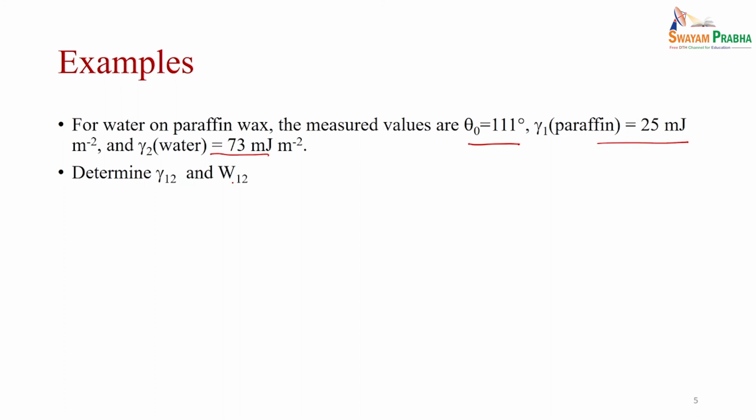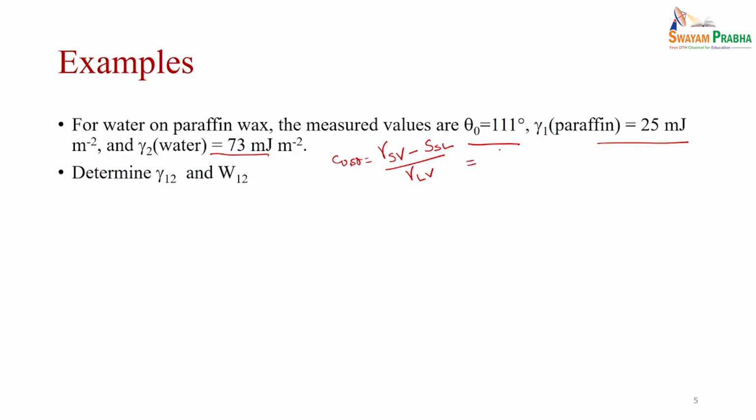Now, if you remember Young's equation, Young's equation says cos theta is equal to gamma SV minus gamma SL divided by gamma LV. So, here we can write in terms of gamma 1 and gamma 2.